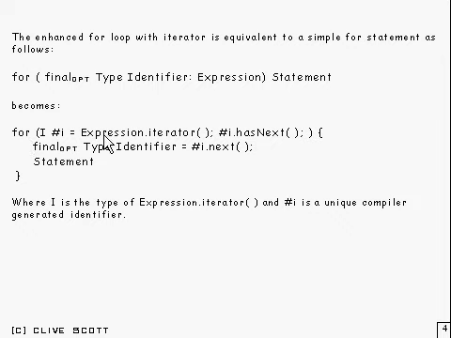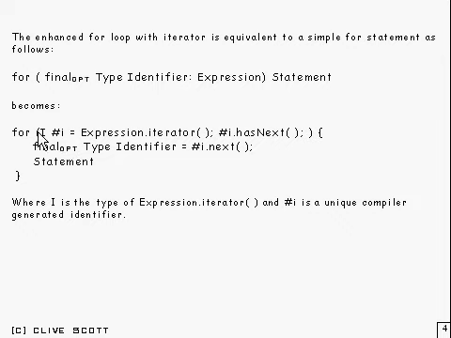So that extracts an iterator from the expression there, and if there's anything in there, if hasNext is true, then it goes through this, each time setting this type identifier there to the next item. So it's fairly straightforward. Again, that i-hash thing is a unique compiler generated identifier.